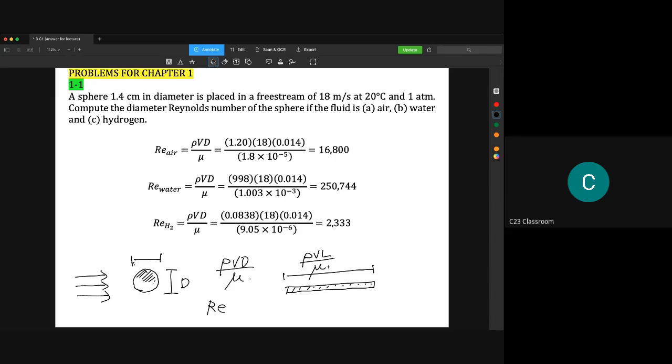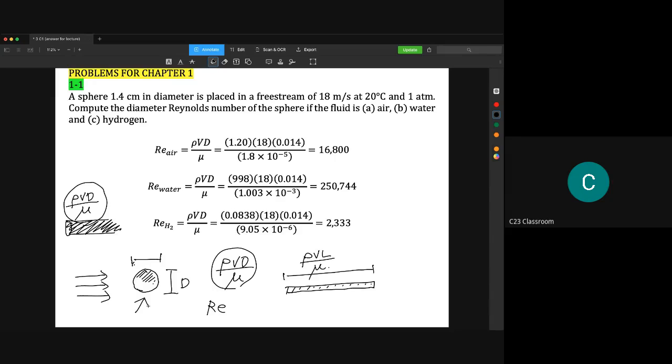However, in flow in a pipe, for example, we have a pipe here full of water inside. The Reynolds number is calculated by the equation rho V d over mu, the same equation as what we used for this sphere.